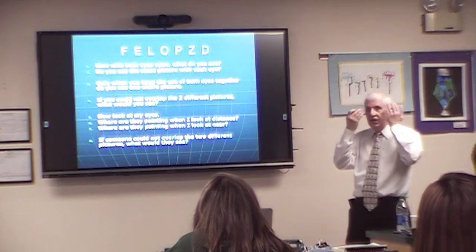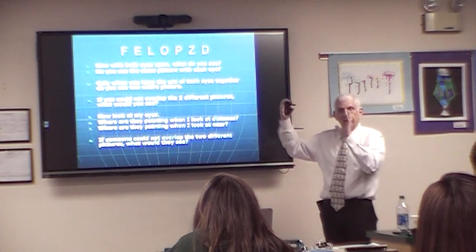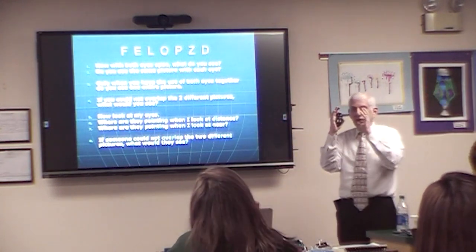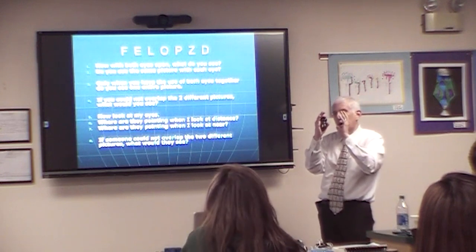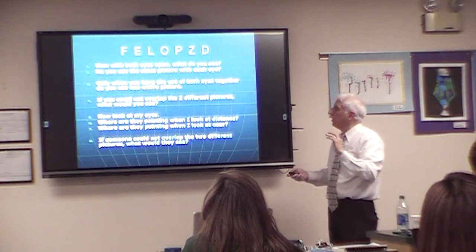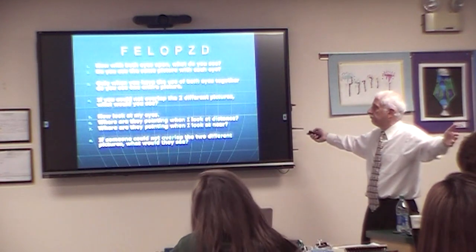But you don't see the same picture out of each eye. It's kind of like a mosaic. I have some stuff on this side, some stuff on that side, and there's one area in the middle where the two are overlapped. Only when you have the use of both eyes together do you see the entire picture.